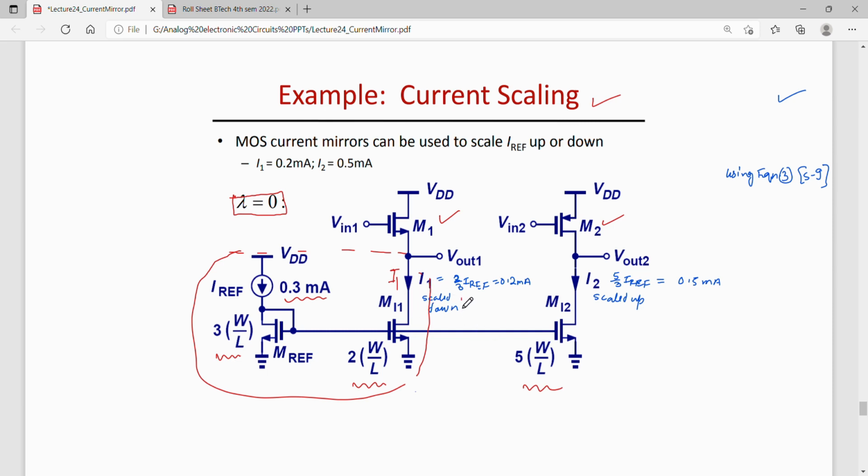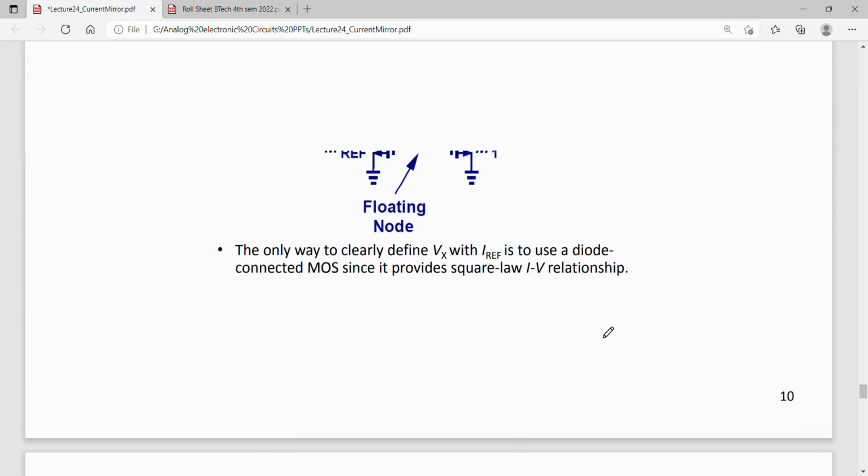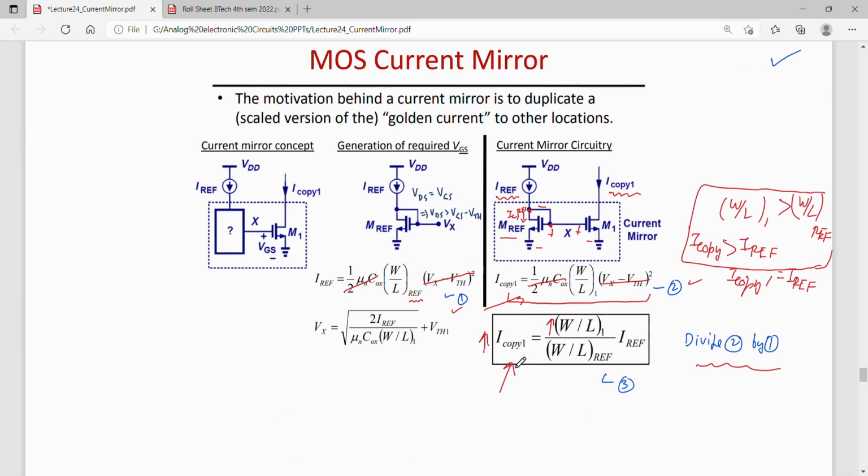So this will be 2 by 3 Iref. Just go back here and check. I copy 1 is W by L of 1 by W by L of the reference transistor multiplied by the reference transistor's current. So W by L of 1 is 2 and W by L of the reference transistor is 3.